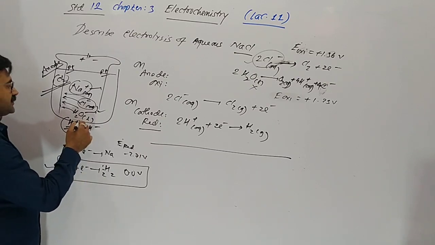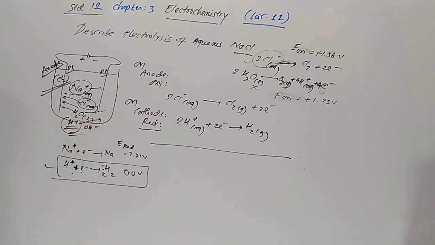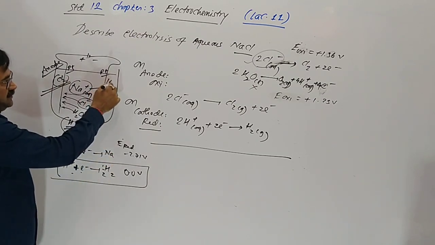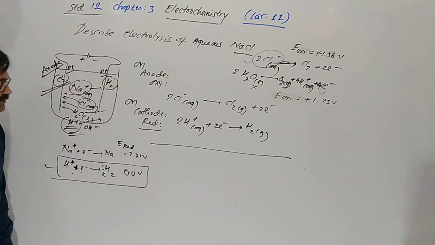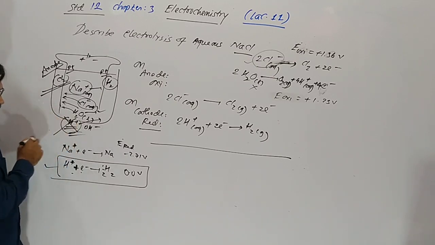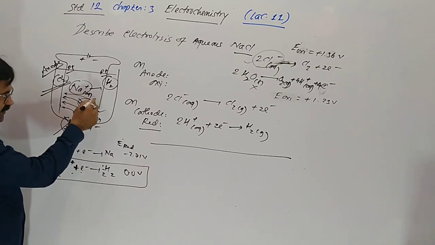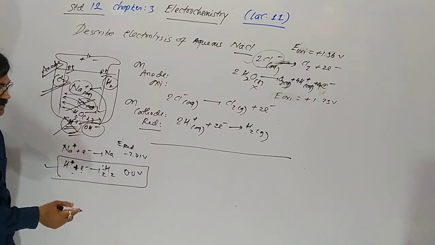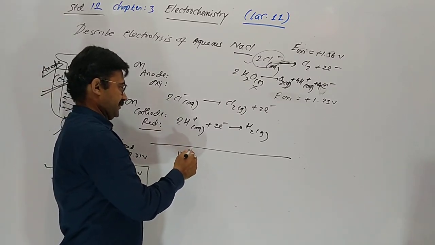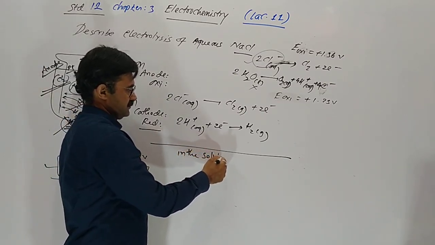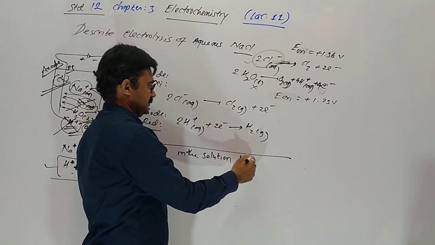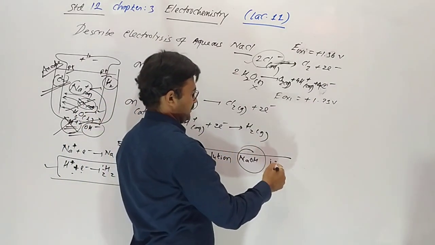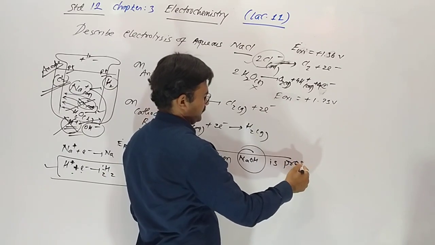So obviously H plus experiences reduction. So here our product will be hydrogen at the cathode. And remember, here H plus is used, chloride is used, so what remains in the solution is NaOH. So in the solution, sodium hydroxide is present.